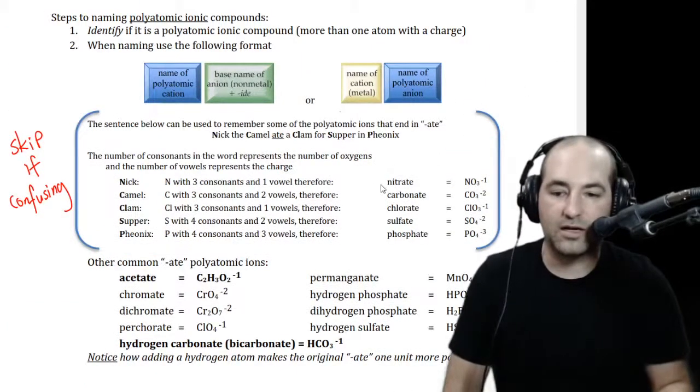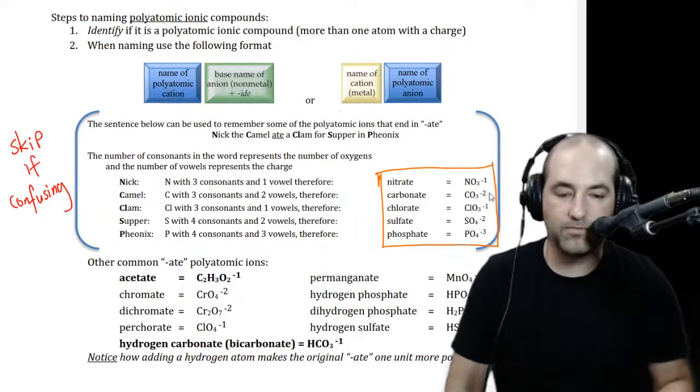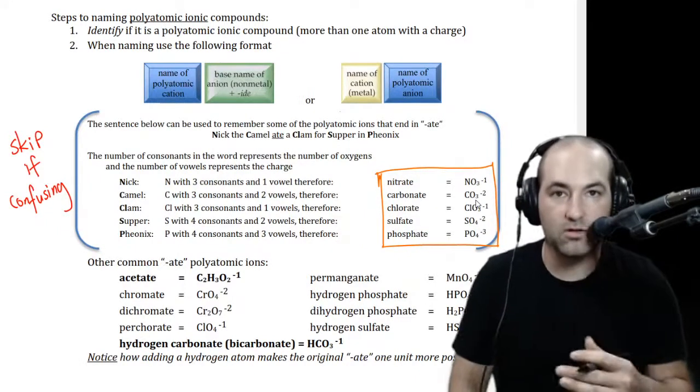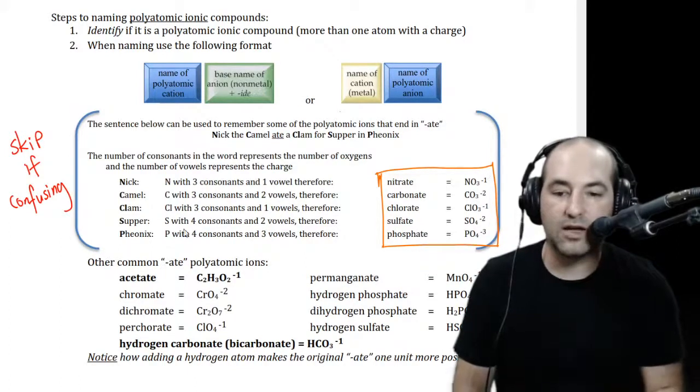And this little box that you'll see here has some of the most common ones that you definitely want to know. Actually, in the objectives on Blackboard, it says here are the ones that you absolutely need to know. But the reason I put this in parentheses is that this was prepared by another faculty member.